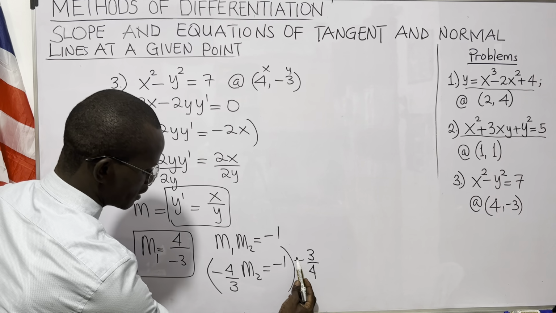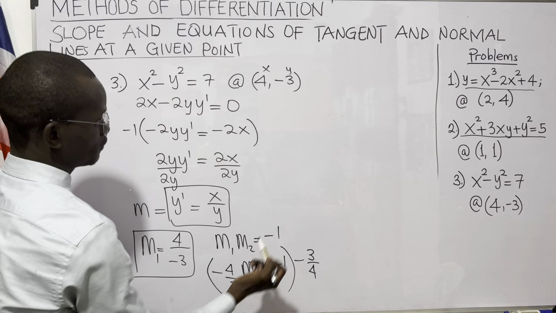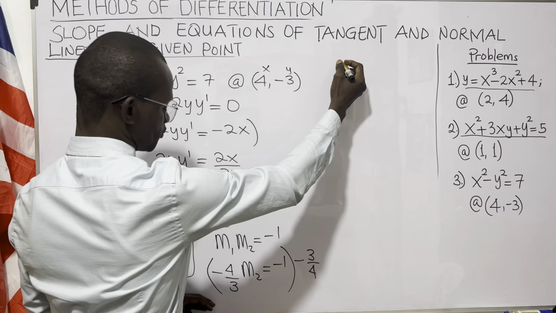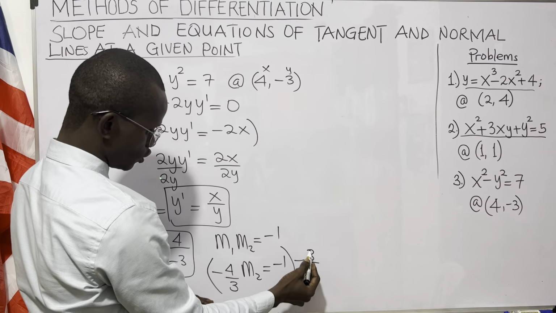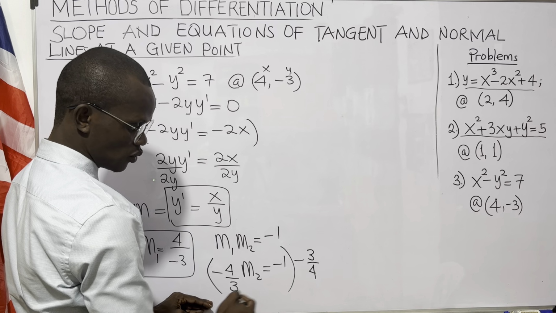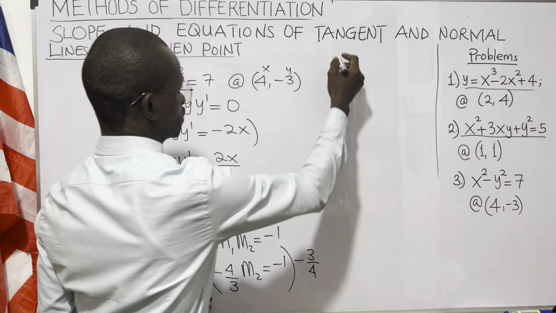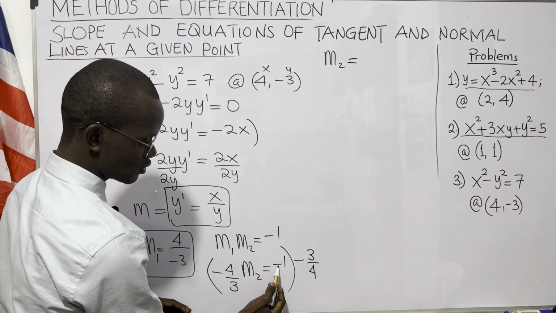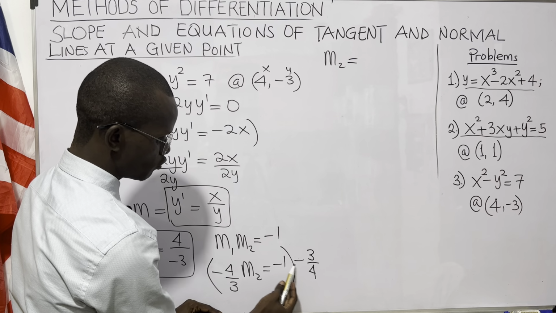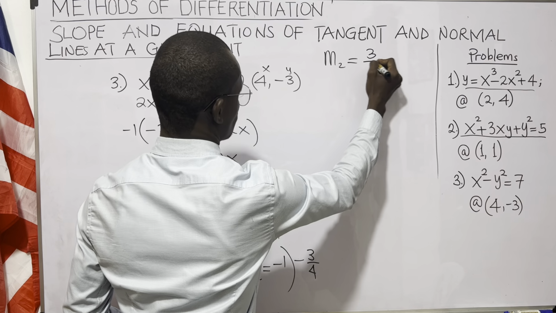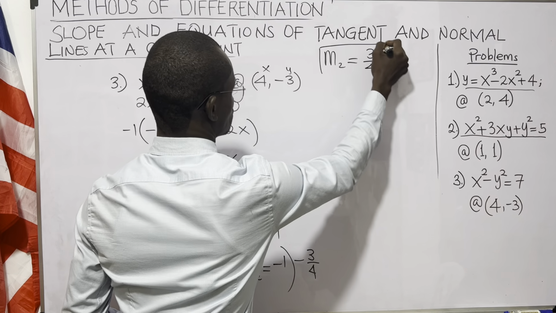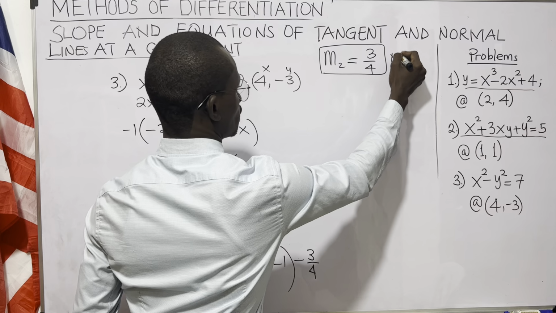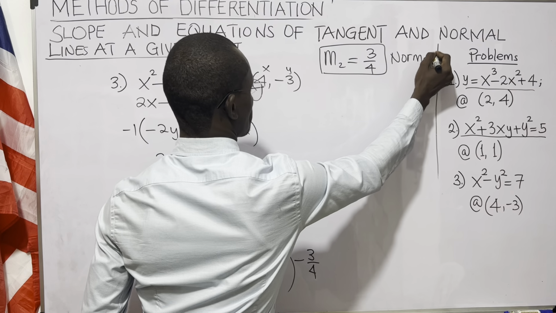Negative times negative gives us positive. So the 3 and this 3 go out, the 4 and this 4 also go out, and you just have m2, which is 3 over 4. So this is the slope for the normal line.